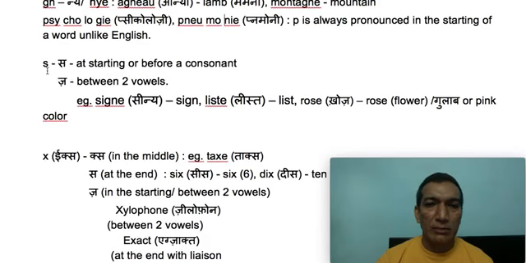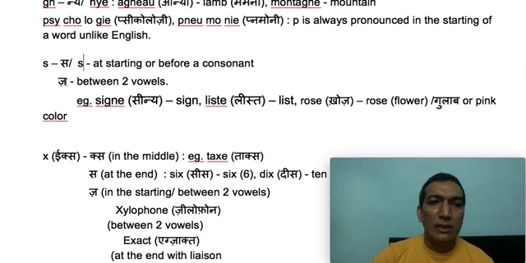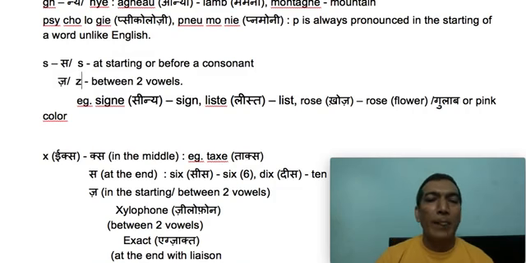Then some complications which can come in S also. Because sometime S is pronounced as the sound sir, or it can also be pronounced as z. Okay. So S is pronounced as sir at the starting of a word or before a consonant. So you can see senior. So in the starting you will pronounce it as senior, which means sign.